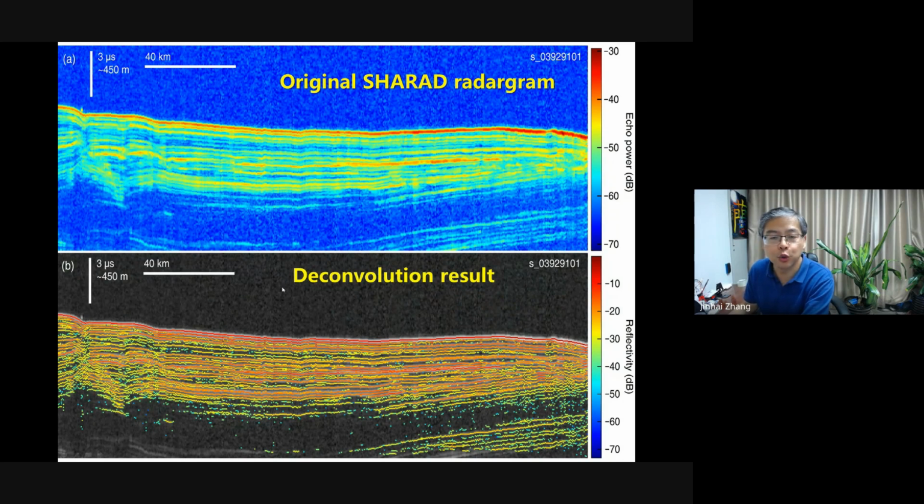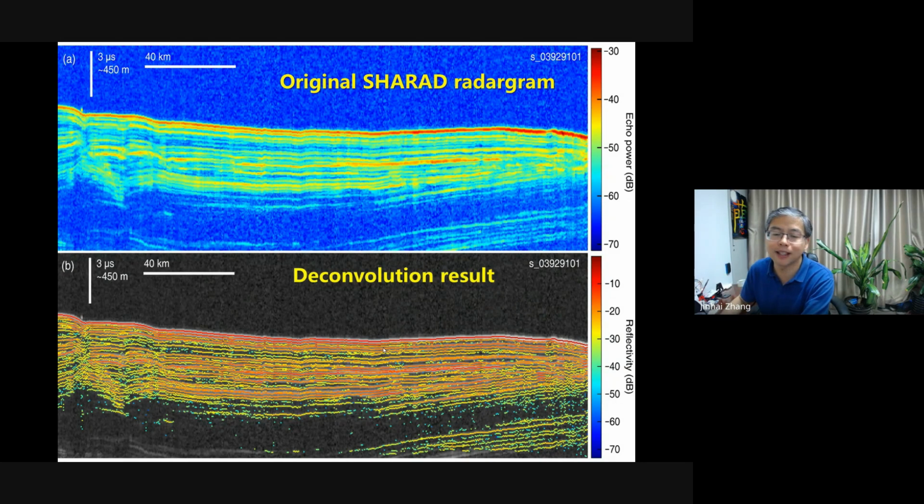However, after using the deconvolution, we can see the results. The layers can be clearly identified, and the total number would be double that of the original profile.